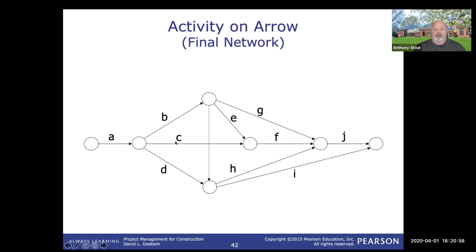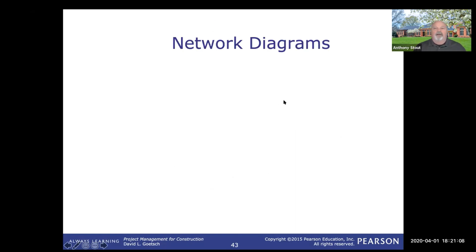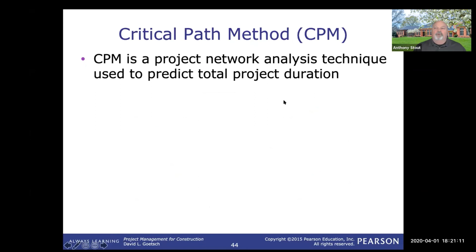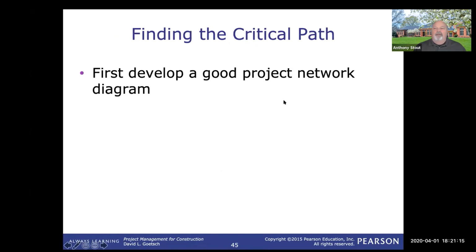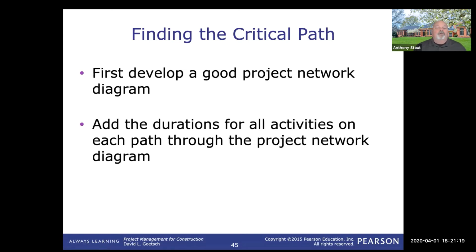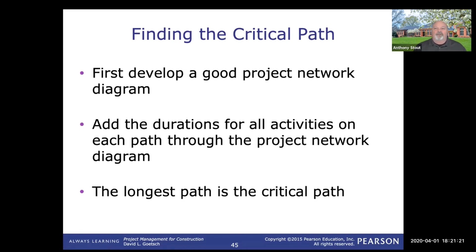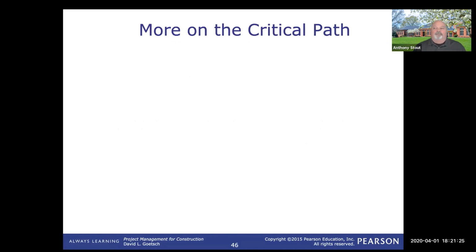Third one, here, here, here, here. And then right on down the line. So I have 5 or 6 paths that would go through this diagram. Now, if I go back to trying to determine what's the critical path, first thing you have to do is get a good network diagram, add the durations, and you'll see that. And then the longest path is the critical path.